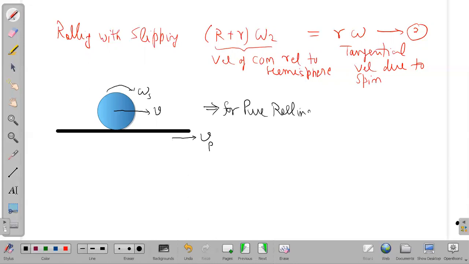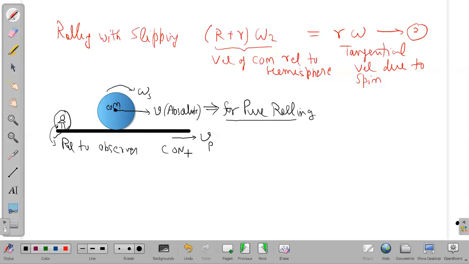We write the condition of pure rolling as follows: if I consider an observer on this platform, then relative to this observer the sphere's center is moving. This v is the absolute velocity, but to write the condition for pure rolling, you need to consider the velocity of the center of mass from the observer on the surface where the system is rolling.